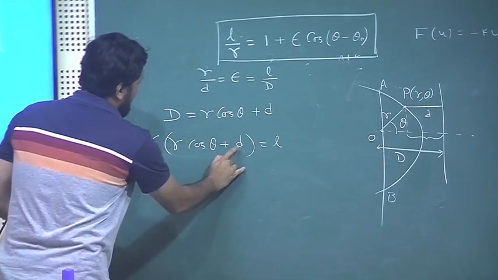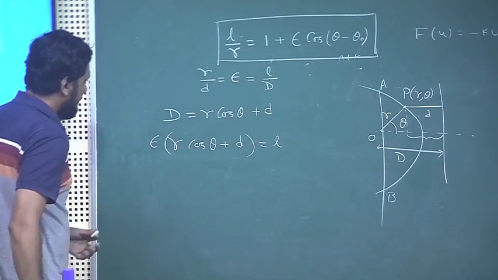We just have to replace d with r by epsilon, and that will solve the problem.